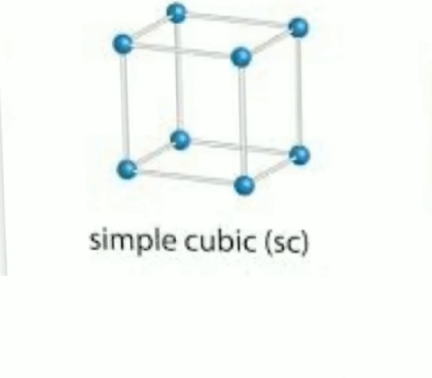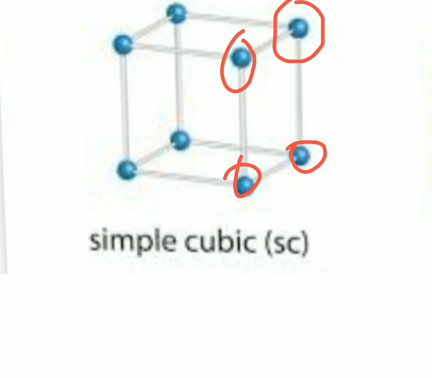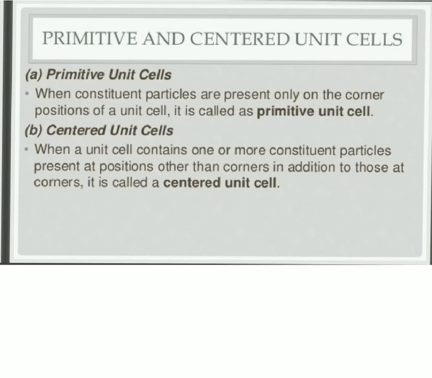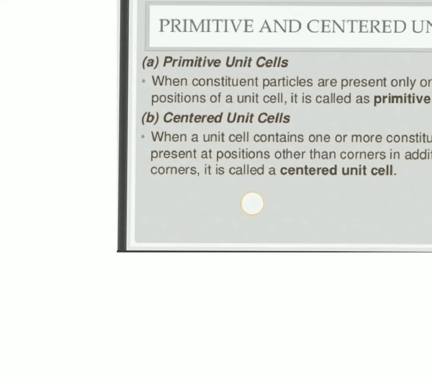This is a primitive unit cell. In this, atoms are present only at the corners. Here 8 corners, and atoms are present only at the corners. Otherwise, it is called a centered unit cell.